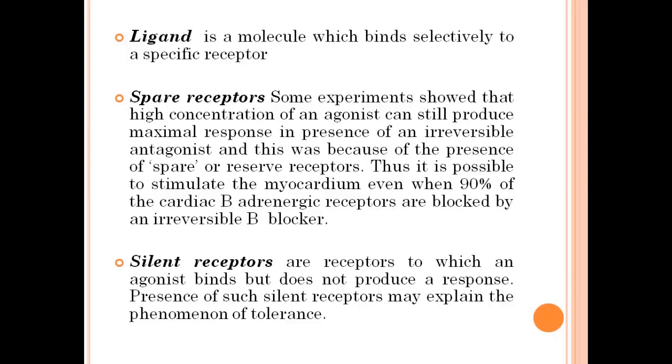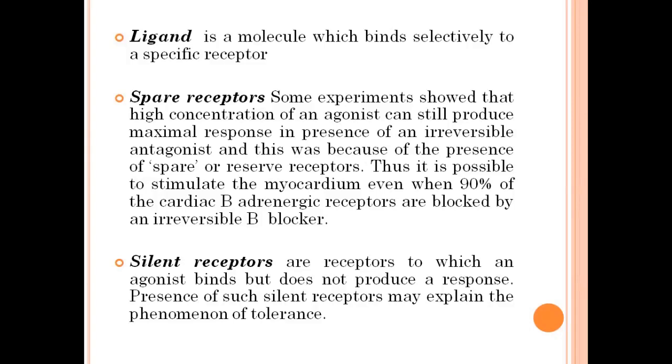Thus, it is possible to stimulate the myocardium even when 90% of the cardiac beta adrenergic receptors are blocked by an irreversible beta blocker. Okay, so why is this happening?